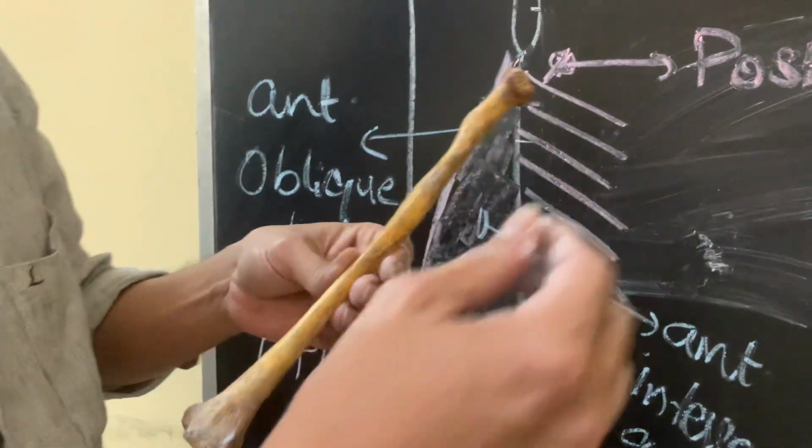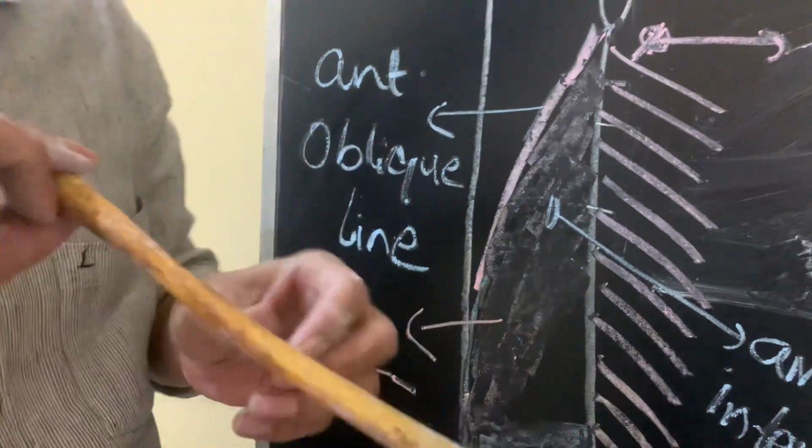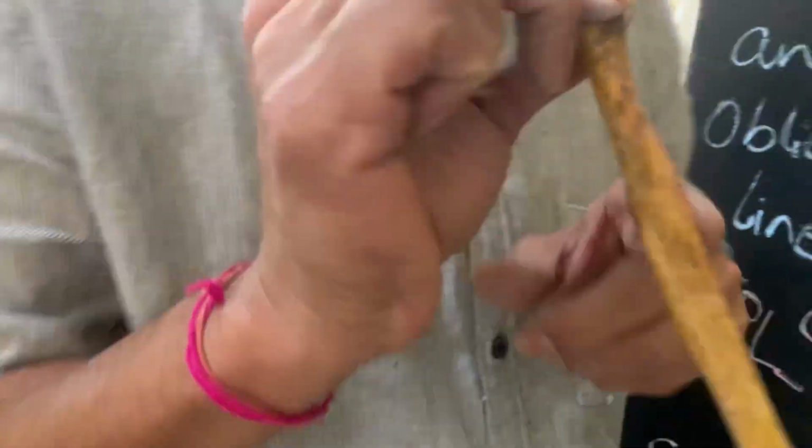Now coming to the posterior surface. Posterior surface extends between the medial border and posterior border. So this surface is the posterior surface.